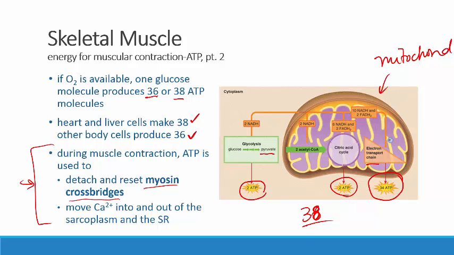And we also use ATP to take calcium out of the sarcoplasm, get it back out of the cytosol of the muscle cell, and then draw it into the sarcoplasmic reticulum. So I should have said into right here, the SR.